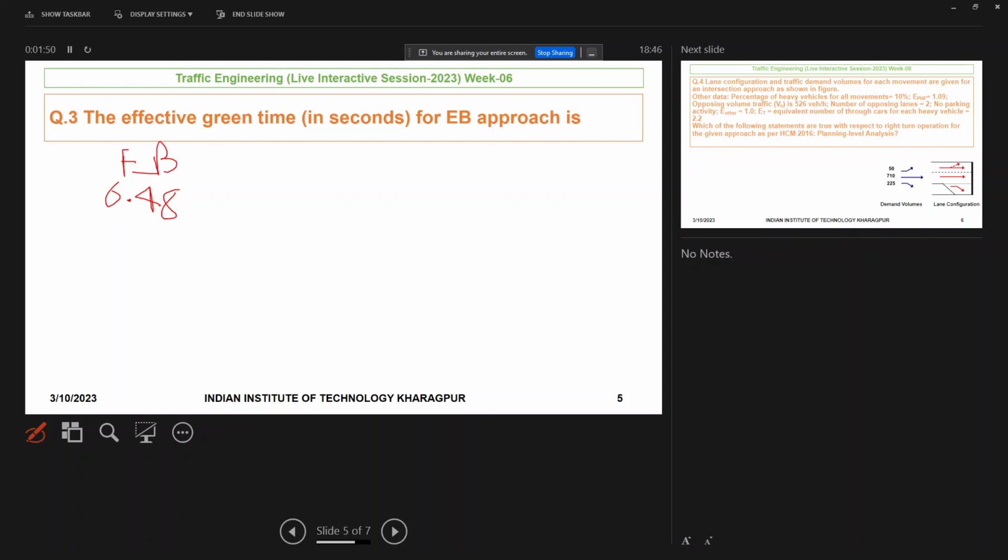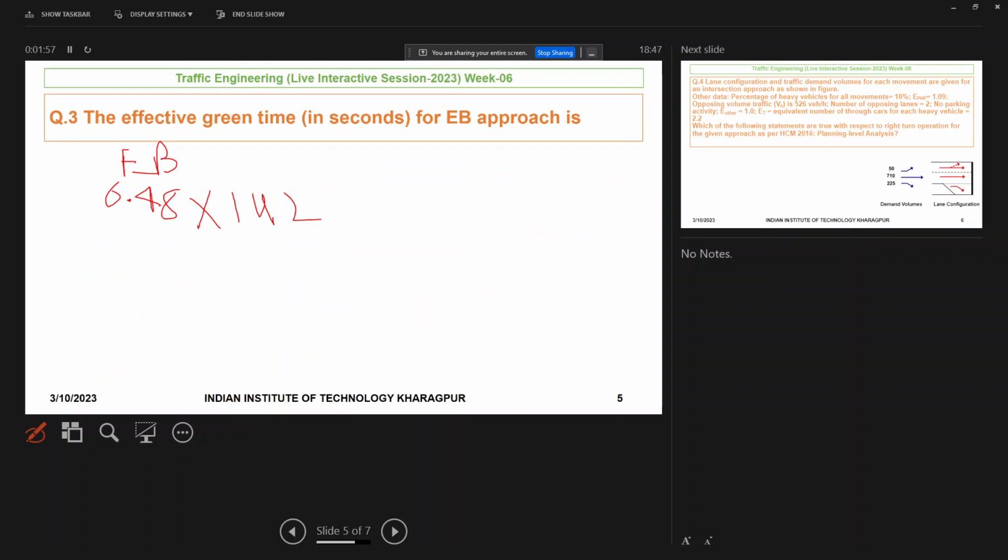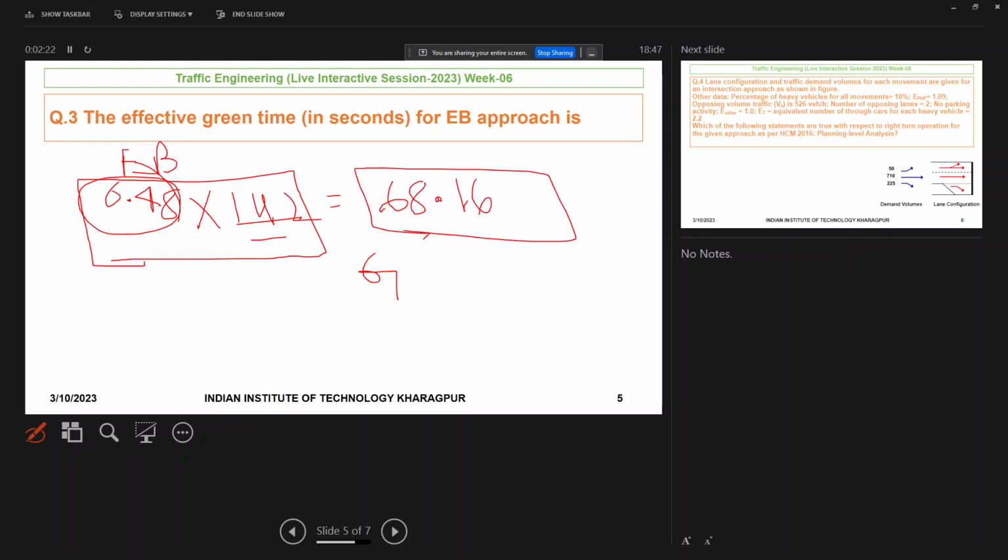So green time will be allocated based on the ratio of this V by C. So then 0.48 into 142, approximately it will be 71, but it will be like 69 or something. Let us calculate. 0.48 gives 68.16, which is your effective green time.